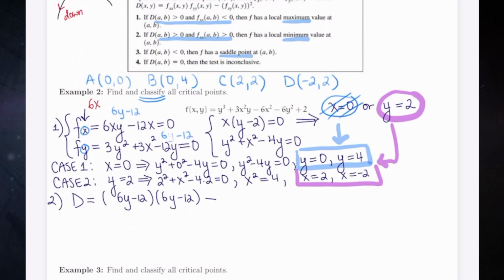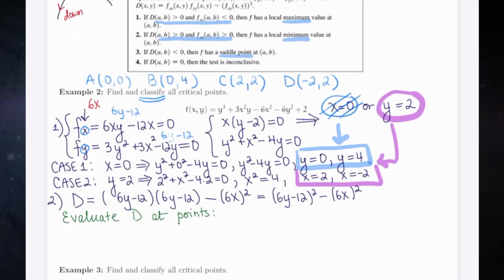So now I know what this expression is going to look like: 6x minus 12 squared. We don't need to multiply this through, by the way, because we just need to determine the sign of this quantity here. That's our discriminant. Now let's go ahead and evaluate it. So the next step is evaluating D at our points.